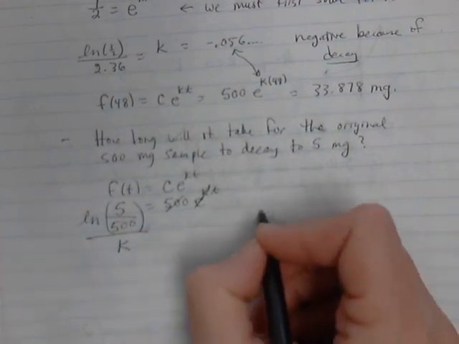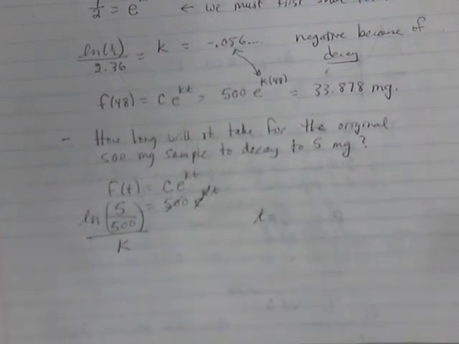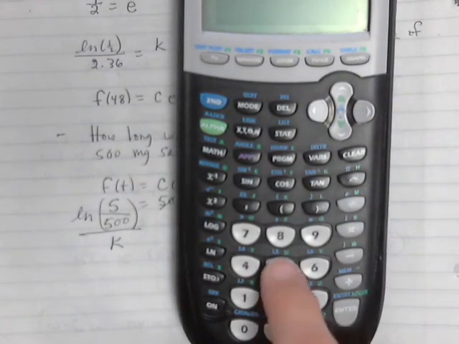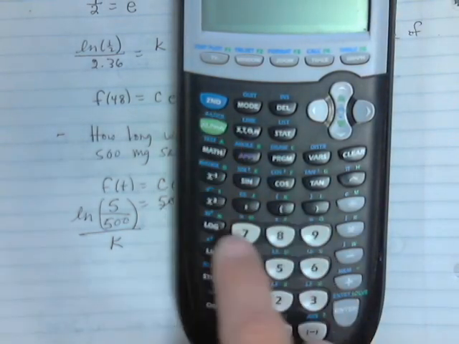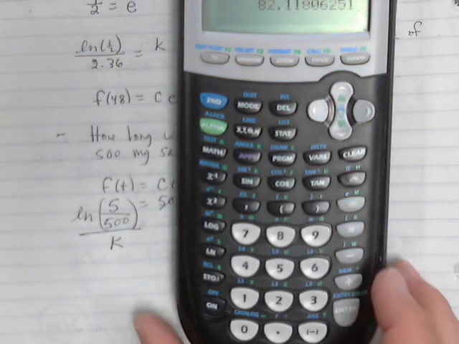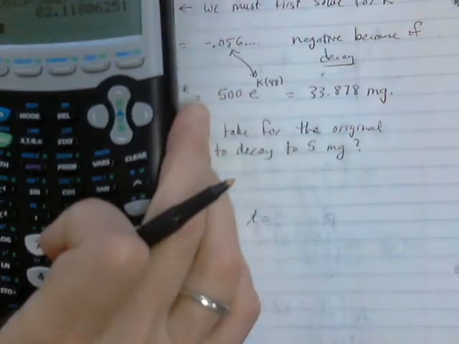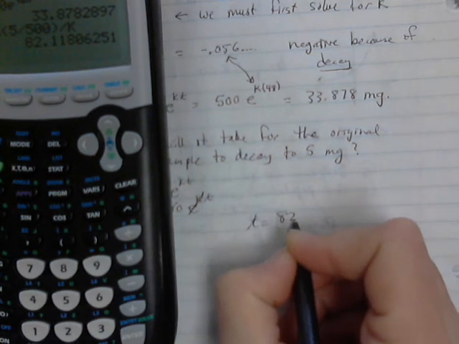And we can come up with t, how much time it takes. So we're going to do the natural log of 5 over 500, divide that by k, and it looks like 82.118 hours it takes.